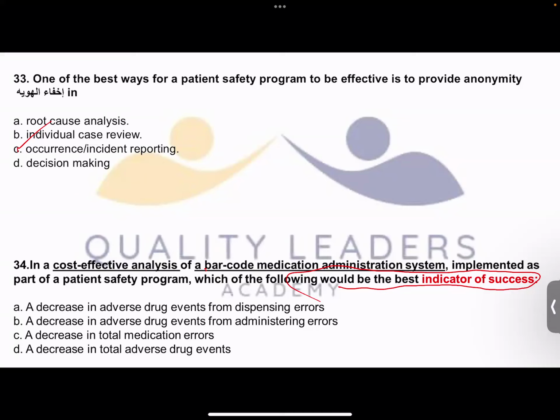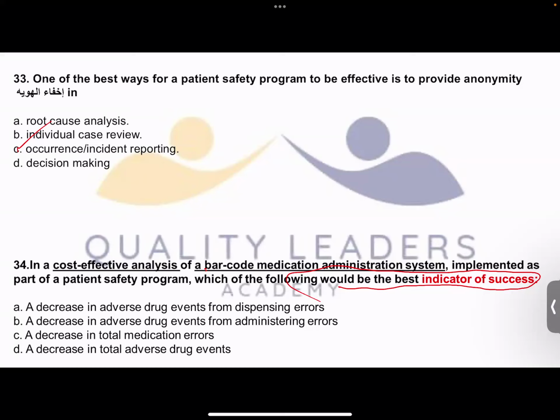We are talking about the system as a whole, including the dispensing, administering, and the process of the medication administration.